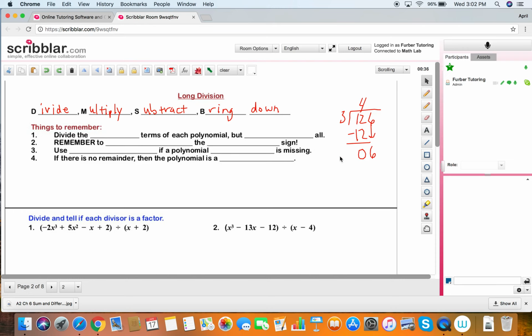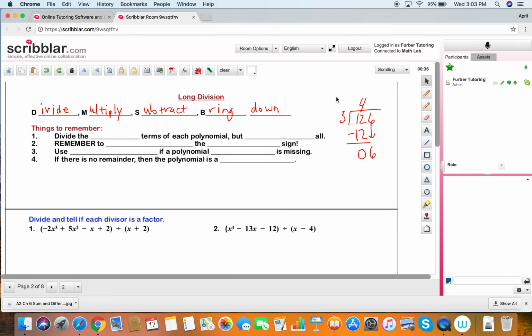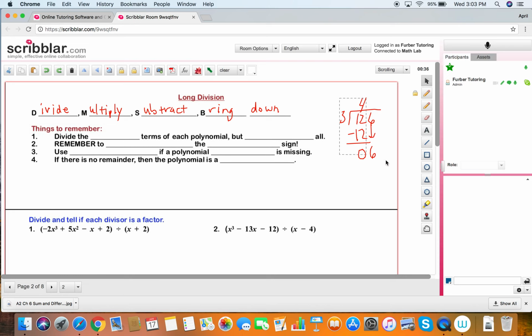Okay? So the process is going to be the same when we're dealing with polynomials and we're dividing, such as the ones down here, number 1 and number 2. There are a couple of things that we need to mention about this process before we get started. It's a lot easier when we're dealing with numbers because there's usually a single digit.